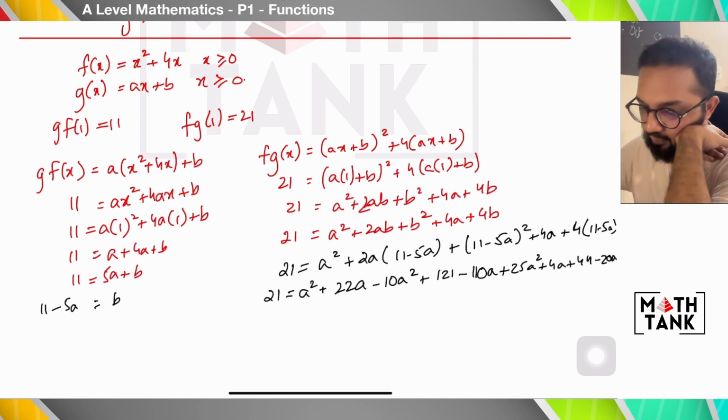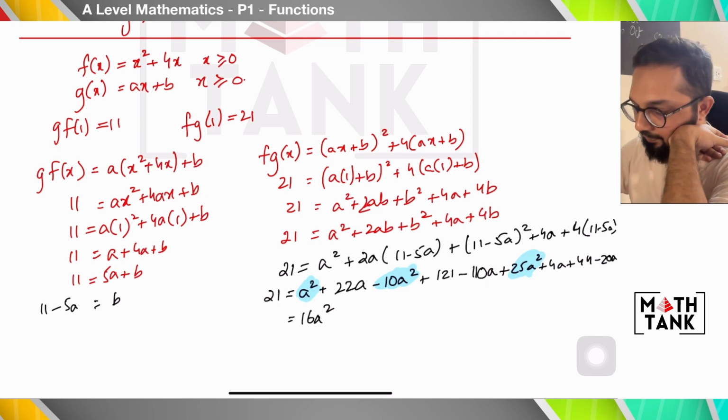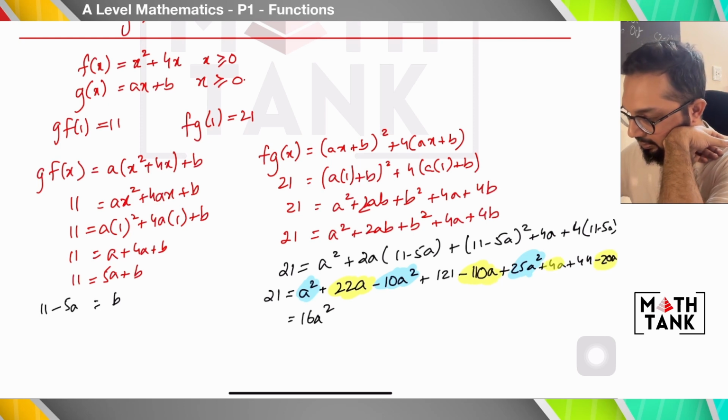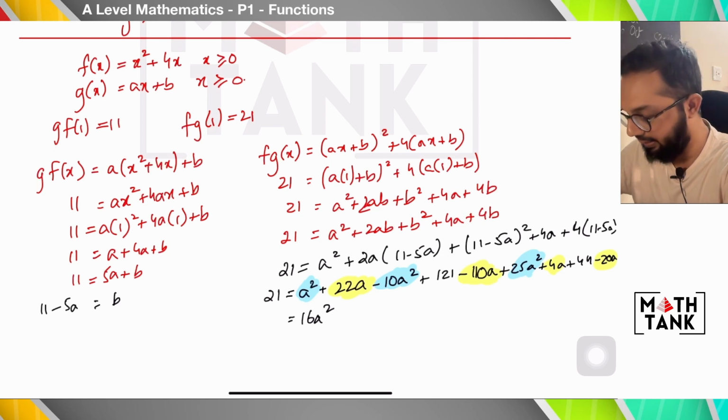So let's focus now. I have my a squared terms. So I have 26a squared minus 10a squared, so that's 16a squared. I have then my a terms. So 22 minus 110, I'm going to put that on a calculator so that I don't make a silly mistake, plus 4 minus 20.